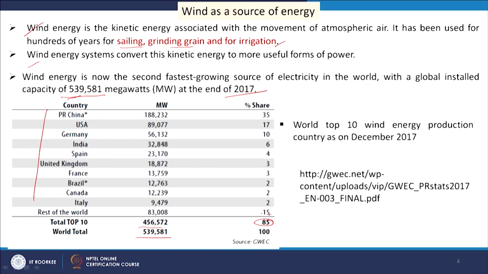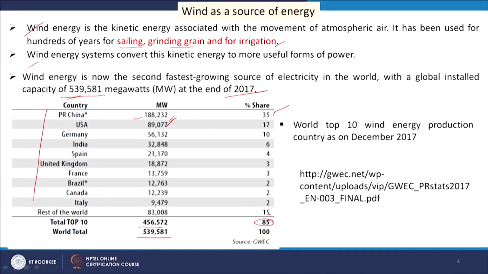If we think about the top 10 countries producing wind energy, China ranks first with 1,88,232 megawatt capacity and a share of 35%. For the US, in second position, it is 89,077 megawatt, that is a 17% share. For Germany, in third position, it is 56,132 megawatt and the share is 10%.